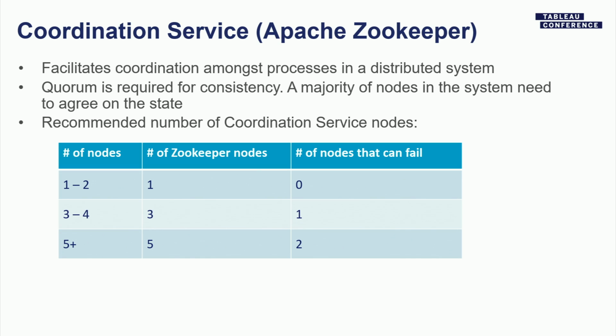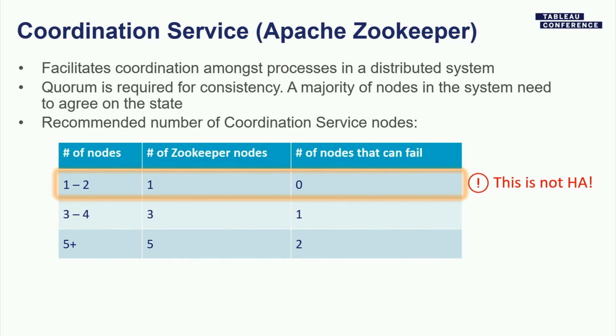With 3 nodes, as long as 2 of the nodes agree on the state of the system, I still know what the state is, and I can still be highly available. So, just to reiterate, 1 and 2 node installations of Tableau Server are not considered HA. You need at least 3 nodes in order to be considered HA.